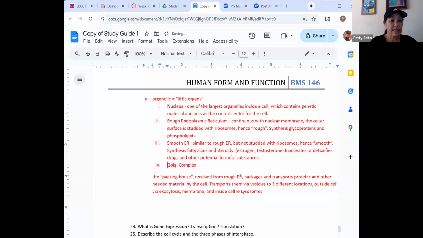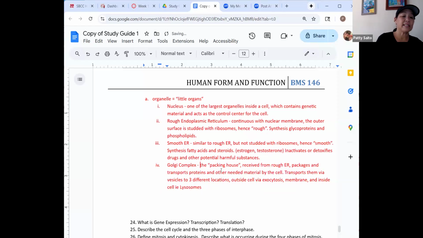So there's the Golgi. These are like little flattened pancakes, but they're sacs, empty sacs, and they receive molecules from the endoplasmic reticulum, and then they alter them and transport them to other places in the body. So it modifies the molecules from the rough endoplasmic reticulum, packages it up, modifies it if it needs it, and then transports it to other places.